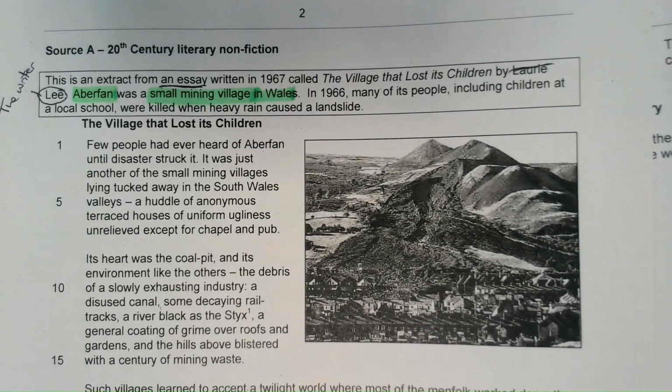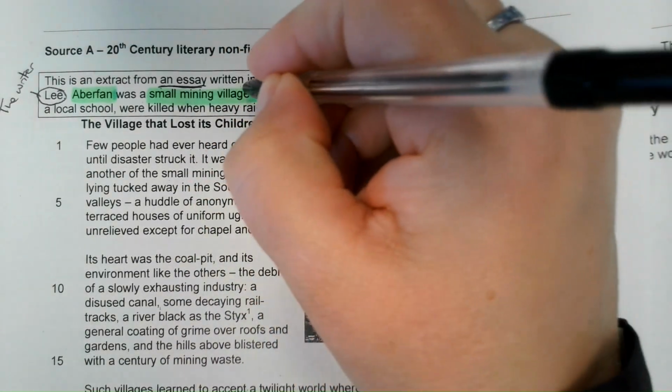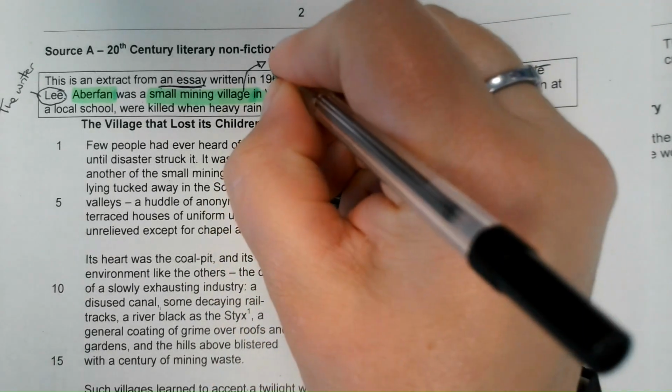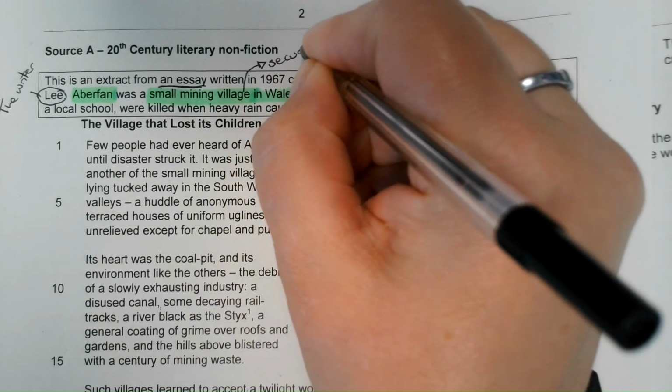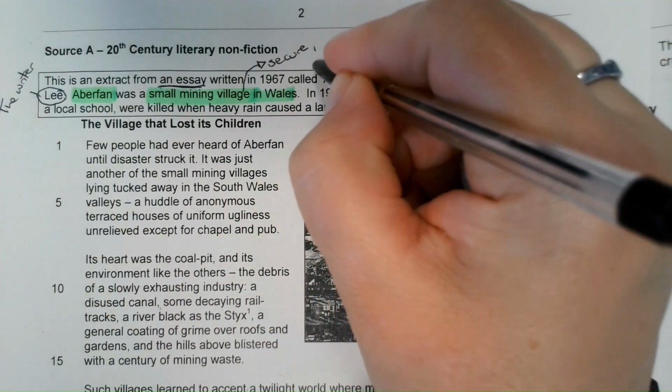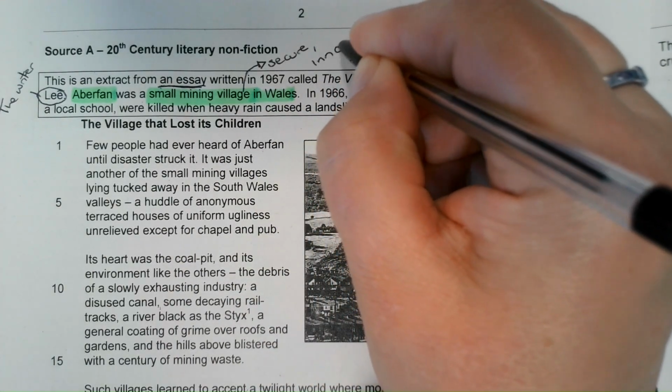So I might think about what are the expectations for a small mining village in Wales. When I think of the image of a village, what do I think about? Is it secure or is it vulnerable? And I think generally the idea of the countryside and villages, the image is quite secure. I might think about, is it innocent or corrupt? And a village again, I think about innocence rather than corruption.